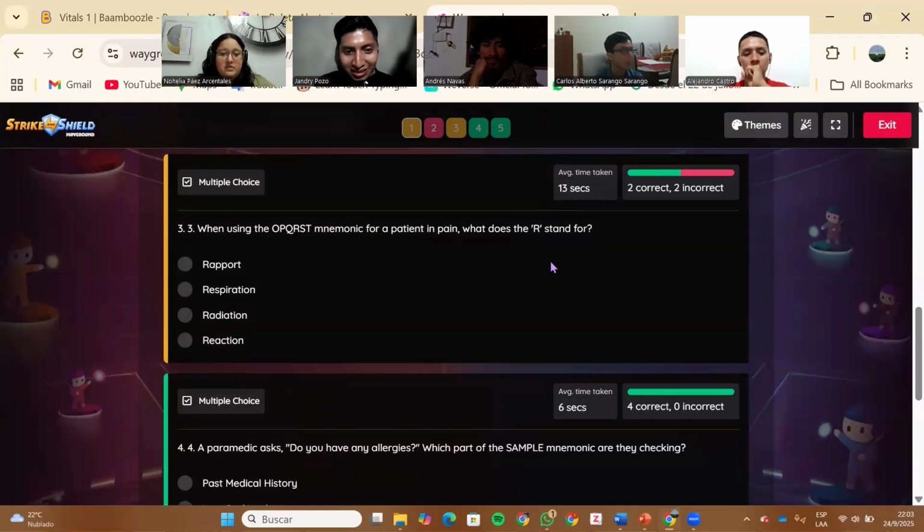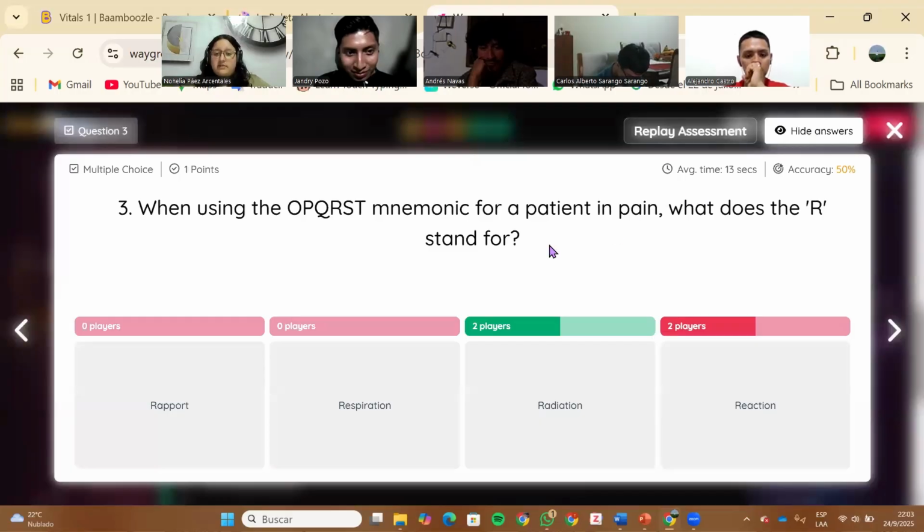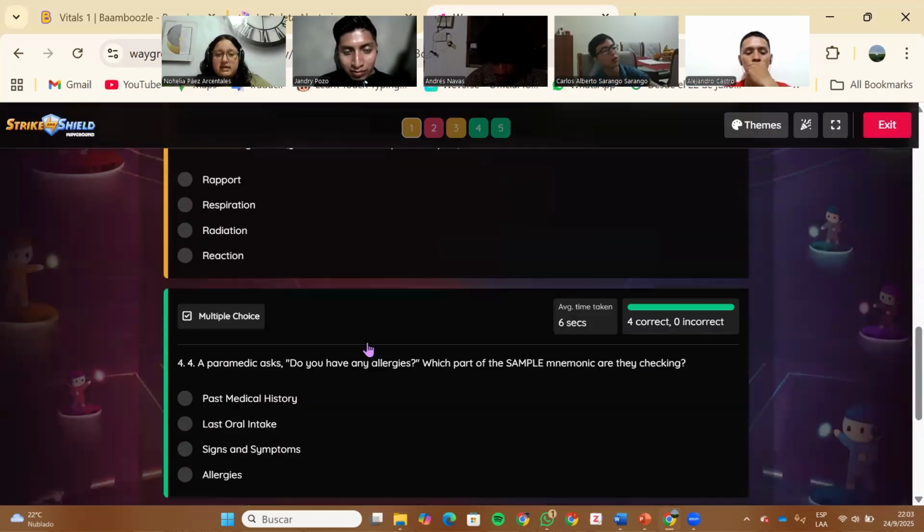In the next one, when using the OPQRST mnemonic for a patient in pain, what does the R stand for? It stands for radiation. Two of you got it right.